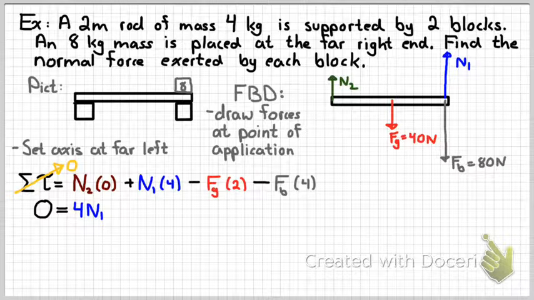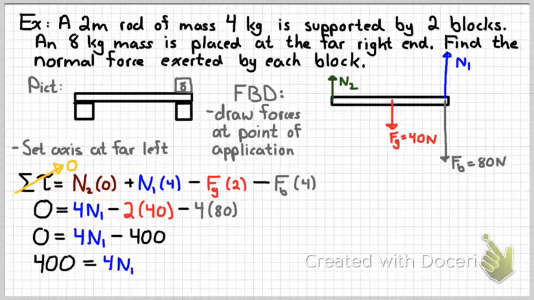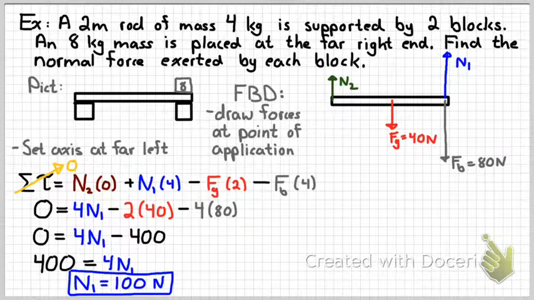And so we get 4N1 minus 2 times 40 minus 4 times 80 equals 0. Doing some arithmetic and algebra, we would find N1 to be 100 newtons. That seems like a reasonable answer. It's less than the sum of the downward forces, but we still have N2 left to find, which will take care of the rest.